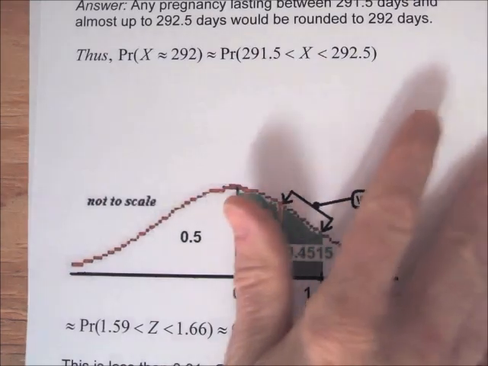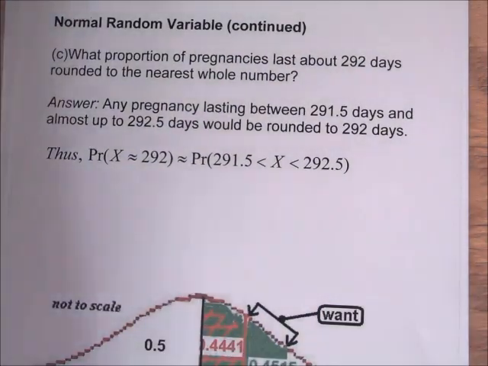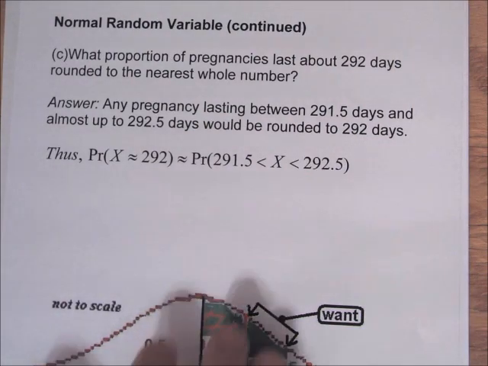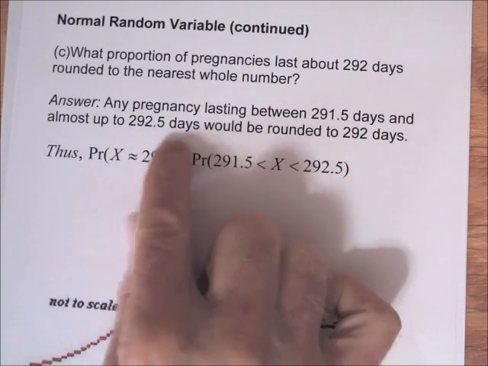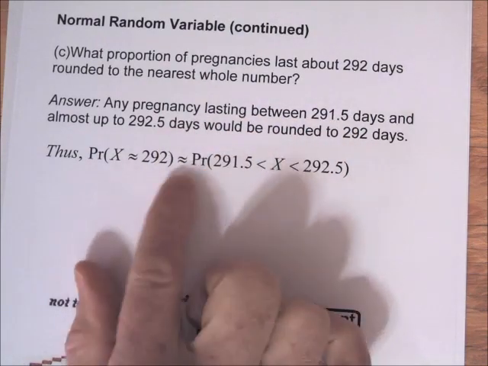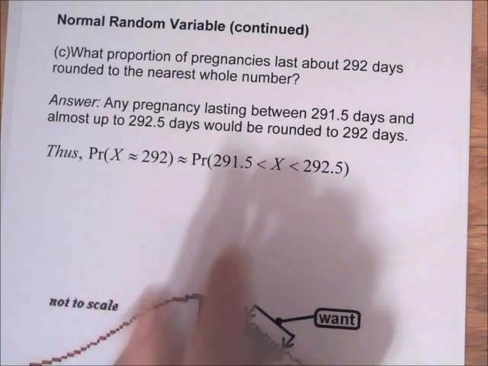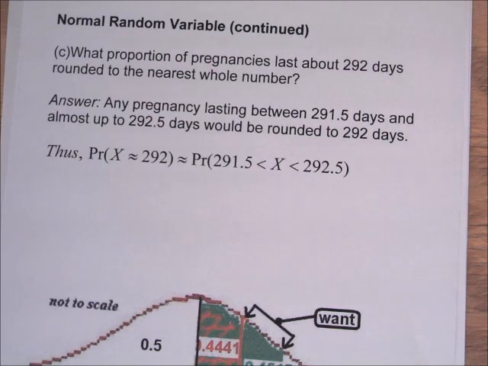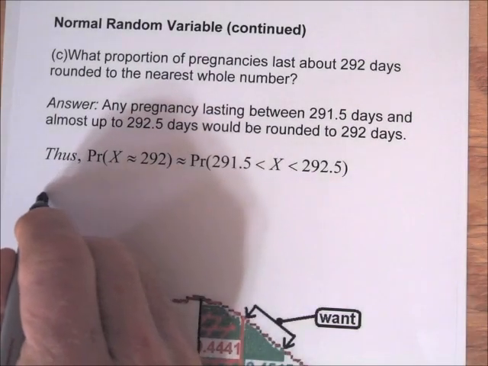But we could ask what proportion of pregnancies last about 292 days, rounded to the nearest whole number. That would be the pregnancies lasting between 291.5 days and 292.5 days. So that's the probability that X is between 291.5 and 292.5, and we want to convert both of those into z-scores.